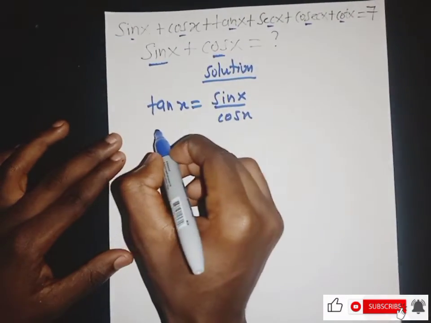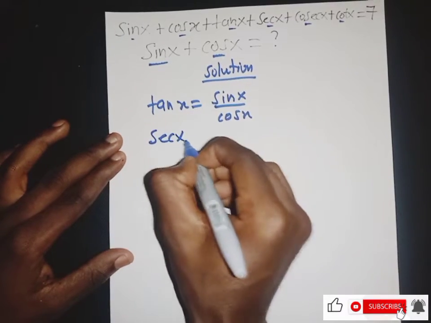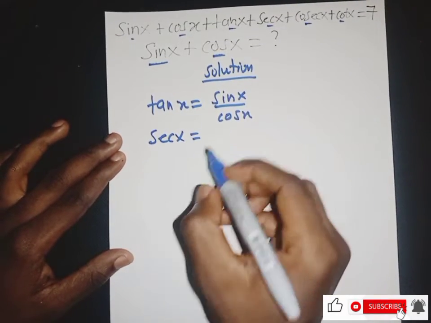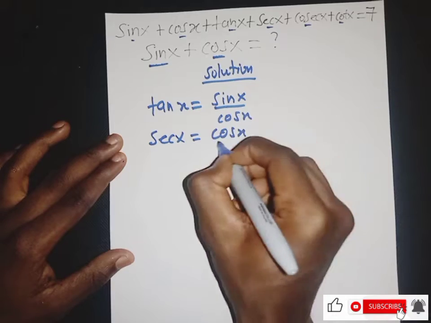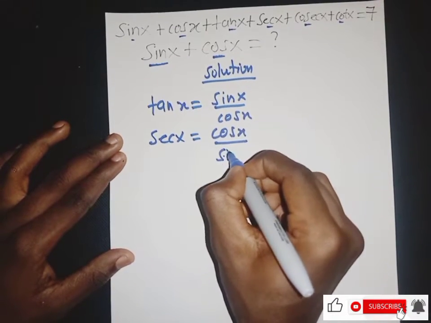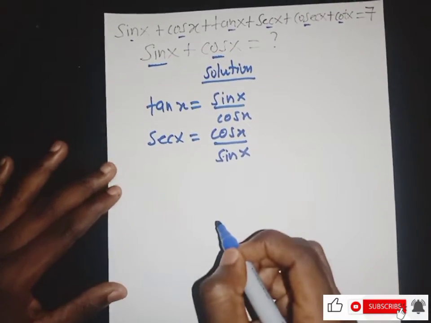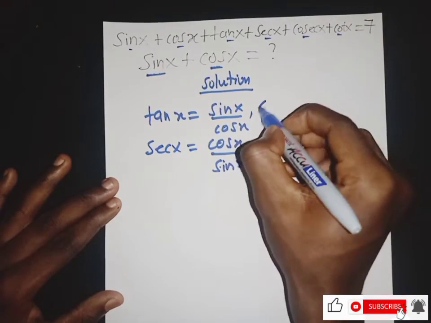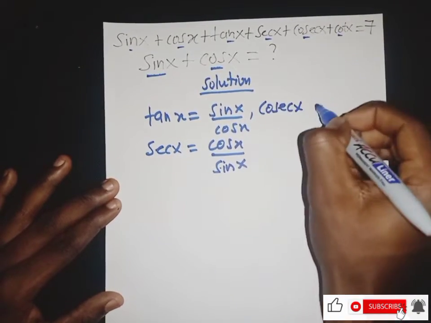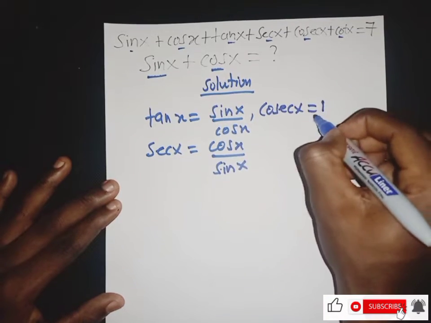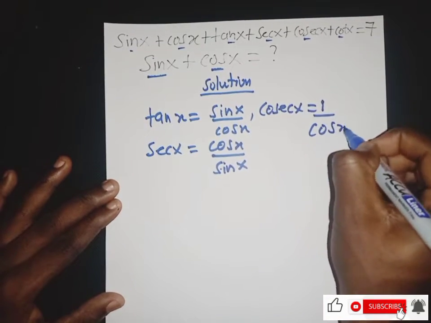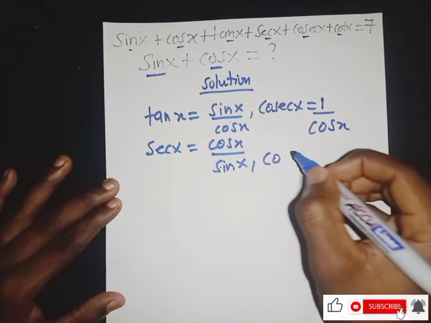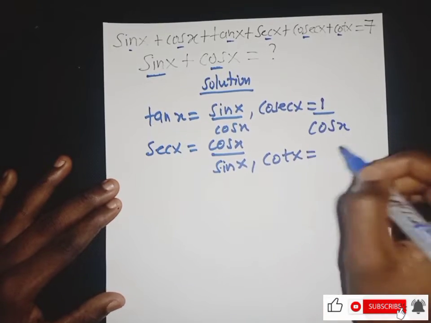Sec x in terms of sine and cos is just 1 over cos x. Cosec x is just going to be 1 over sine x, and cot x is just going to be cos x over sine x.